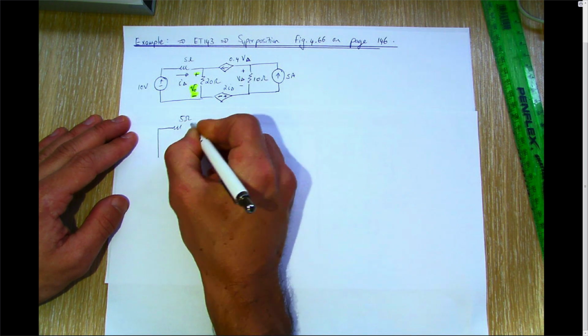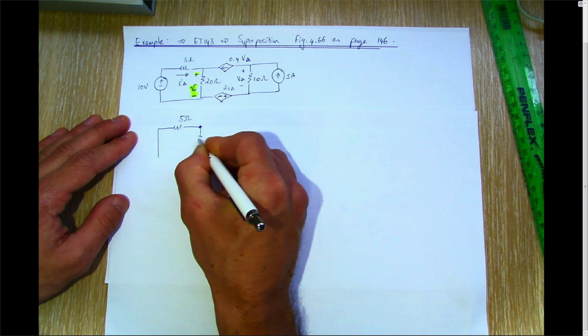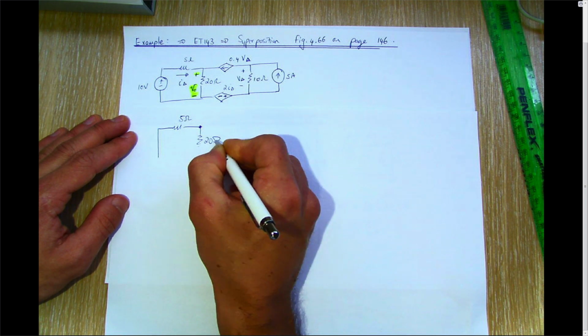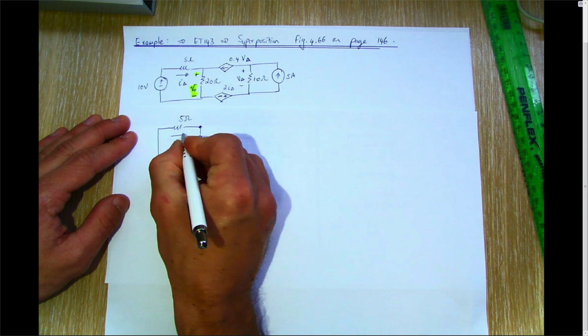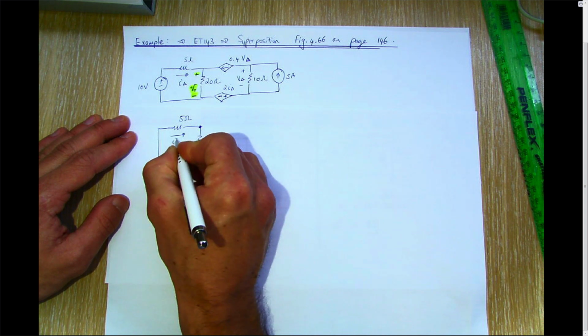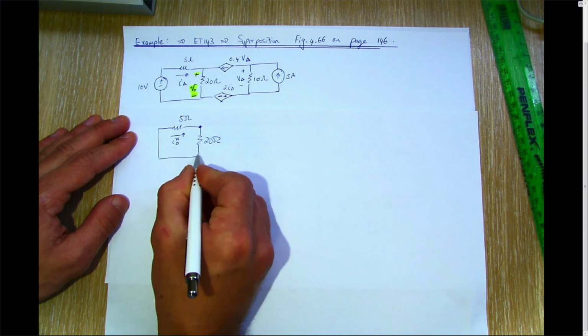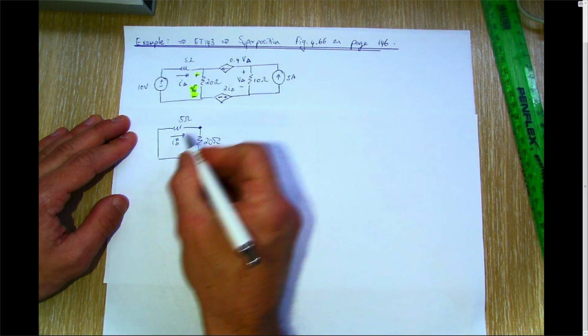I have my 5 ohm. I have my 20 ohm over here. I have I delta double prime. Remember, we are now working on the second source, so it's double prime.